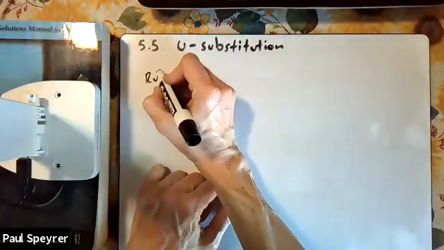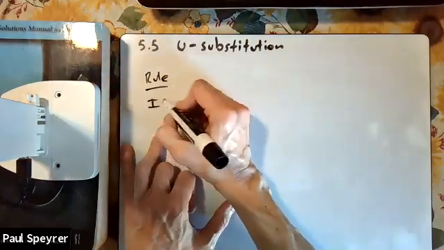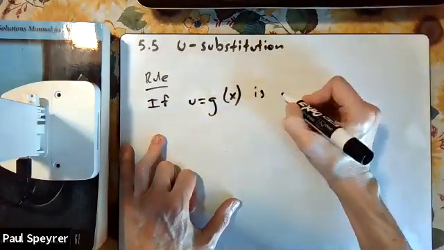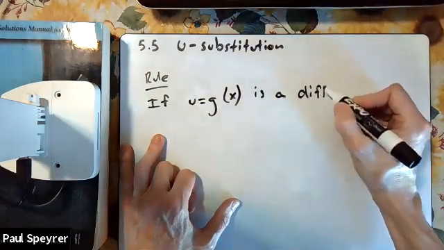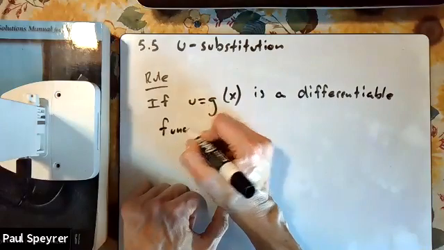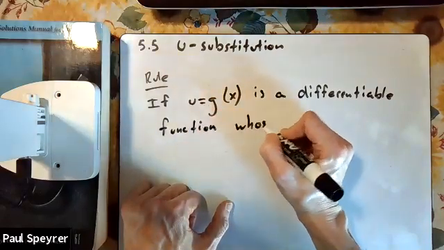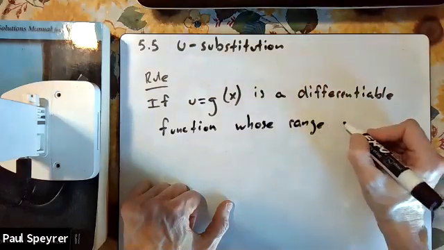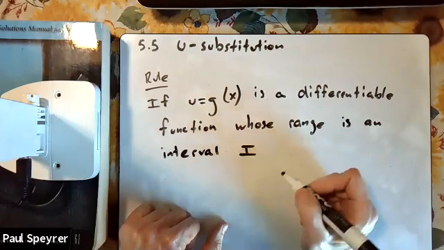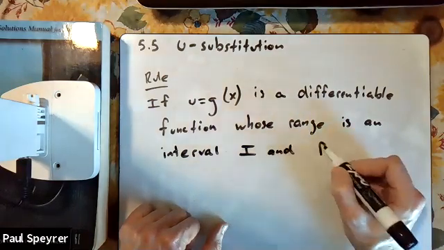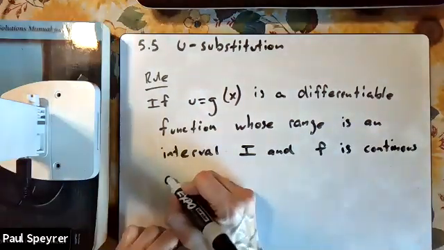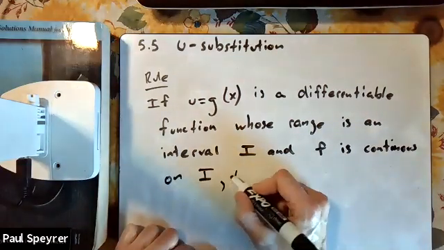Okay, so here's the rule. It says if U equals G of X is a differentiable function whose range is an interval I, and F is continuous on I, then we can say this.